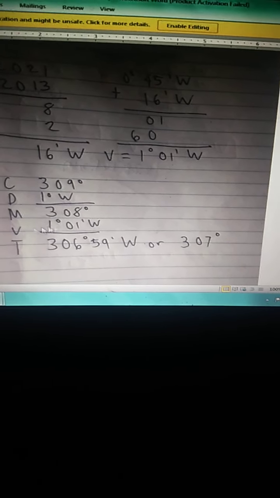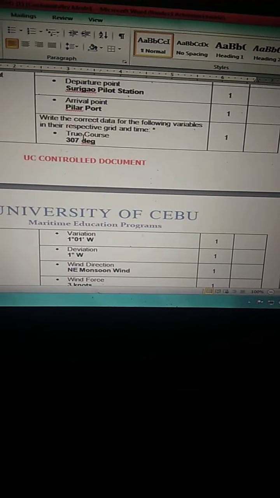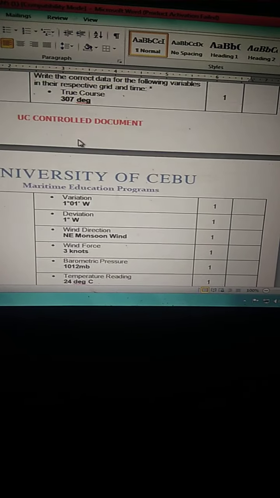Magnetic course is 308 degrees and our variation is 1 degree 1 minute west, and our true course is 306 degrees 59 minutes, or 307 degrees. So that's how we get our true course.